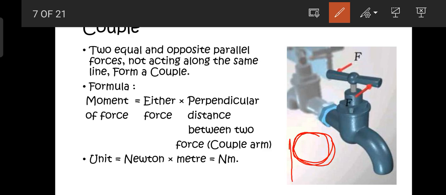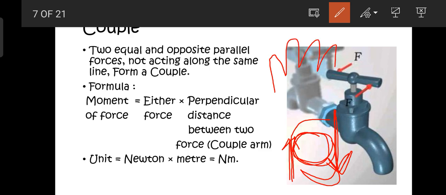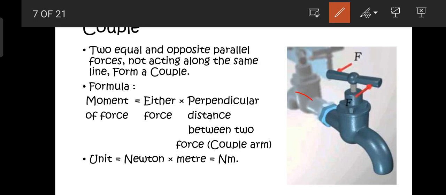We put one force from here and another here to open it. This is the hand. We use these two fingers to open the cap, so we put a force from here and a force here.